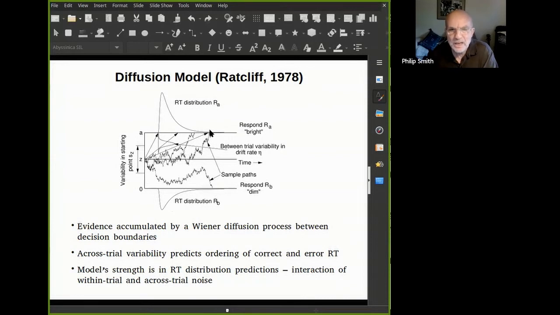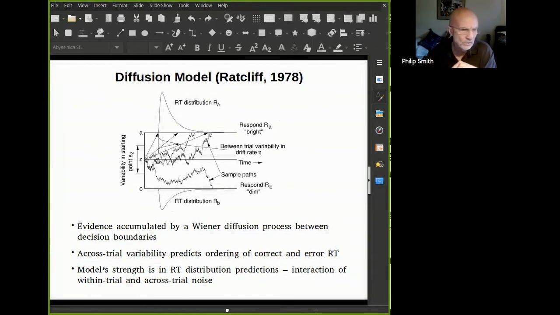The first boundary hit determines the response, and the hitting time determines the decision time component of the response. So diffusion processes in general are continuous time, continuous state Markov processes. The Wiener or Brownian motion process is the unique member of that class which is also an independent increments process. That is, the increment to the process in any small interval of time is independent of the increments in all preceding intervals of time.